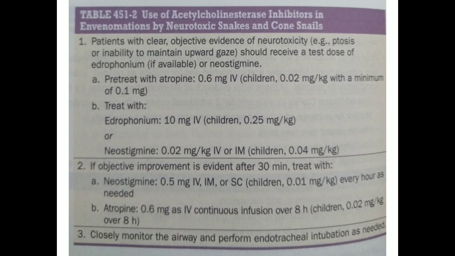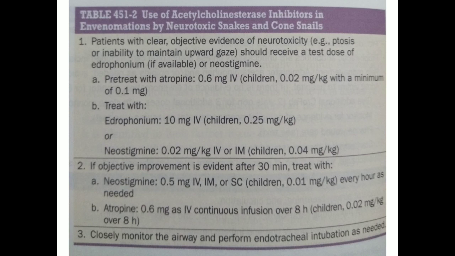So how are you going to treat? You have to pre-treat them with atropine 0.6 milligram IV, to reduce the complications of acetylcholinesterase inhibitors. One vial, or 1 ml, of atropine has 0.6 milligram.